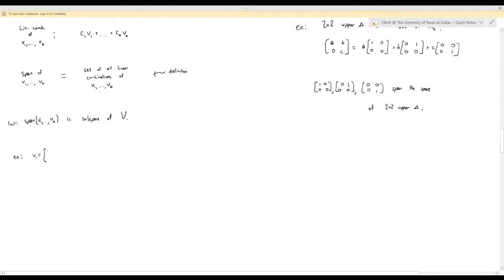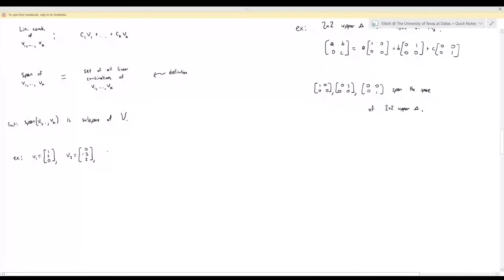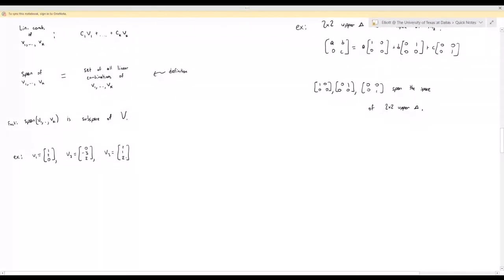Let's call them V1, V2, and maybe V3. And let's say we want to check that these 3 vectors will span R3.